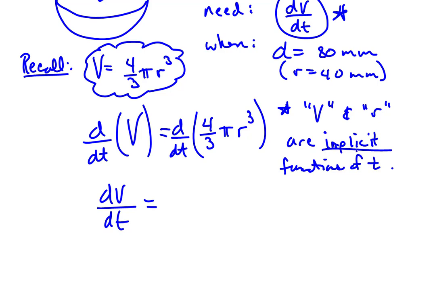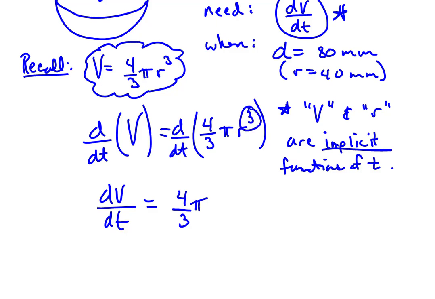To apply this implicit differentiation to the right side of our equation, notice the constant of 4/3 could just be thrown out in front using our derivative rules. The constants come out front. In fact, pi is also a constant, so you could put 4/3 pi out in front and really just apply the derivative to this variable factor, the r cubed. Now remember, r is an implicit function of t, and we are doing a d/dt derivative with respect to t here, which means we're going to use the power rule, but then the chain rule as well.